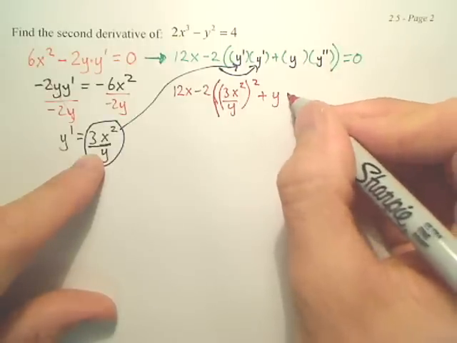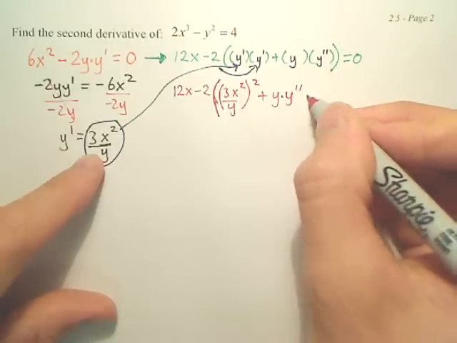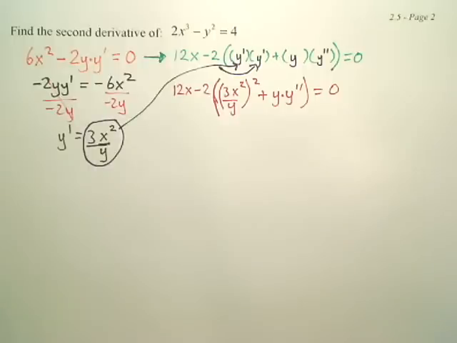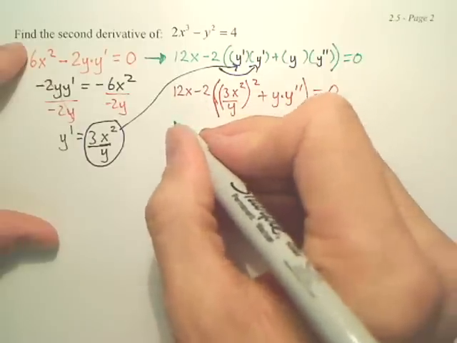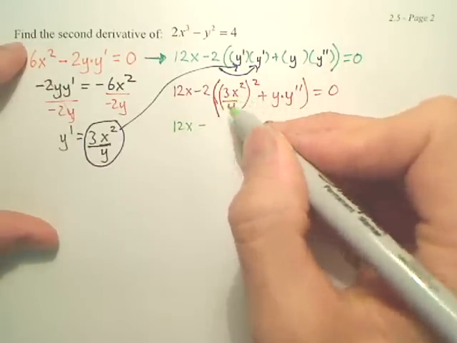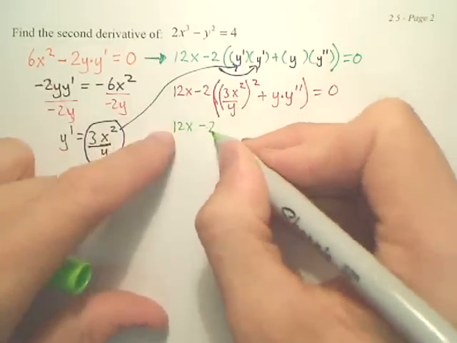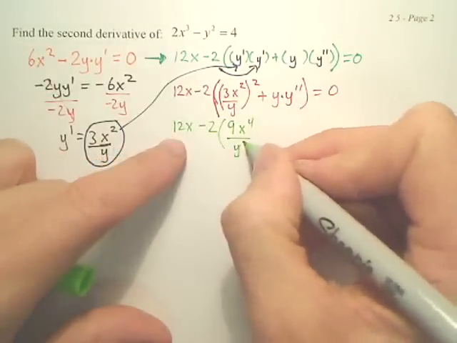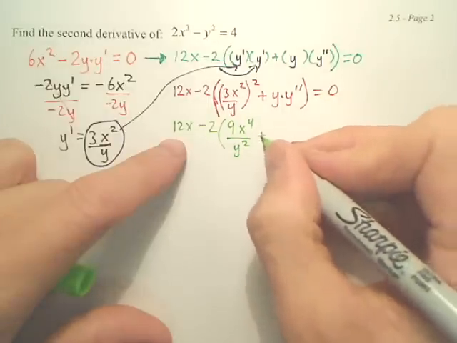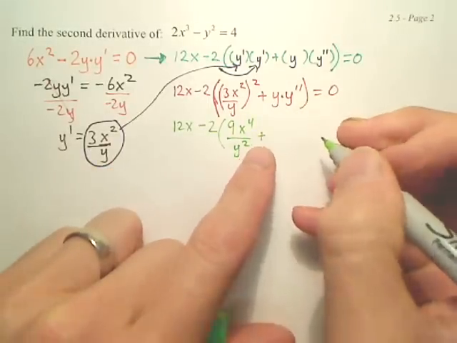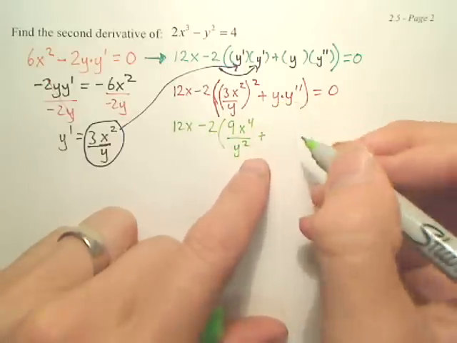Plus y times y double prime. Okay. We have 12x minus, it looks like we have a 9. Leave the 2 out for now. Then we have 9x to the 4th over y squared, plus, let's just wait before we mess with anything.